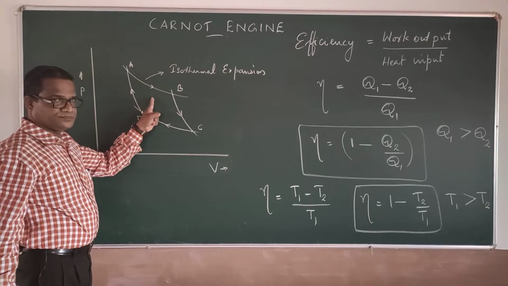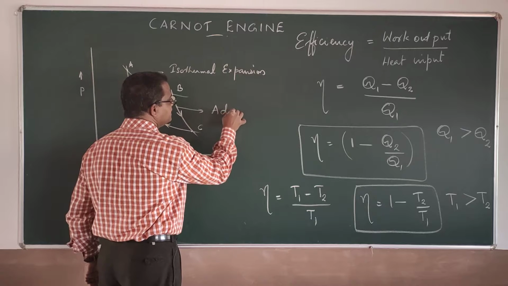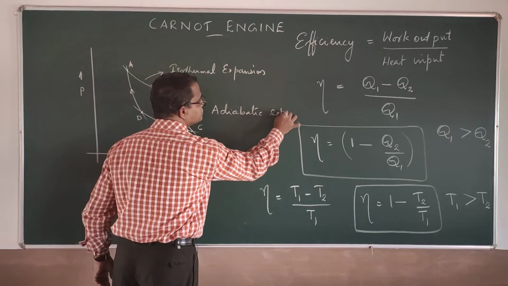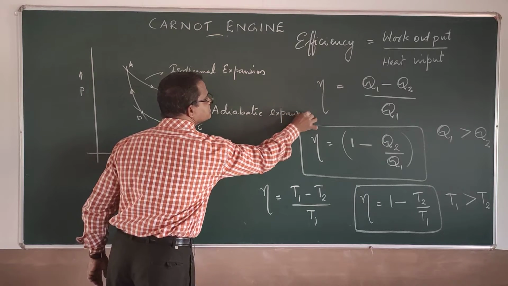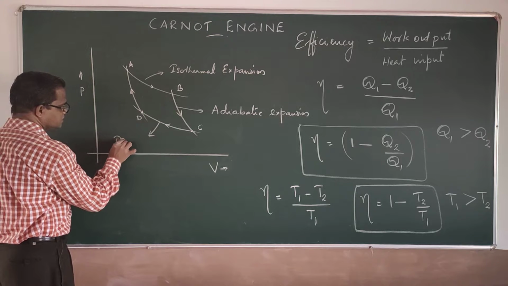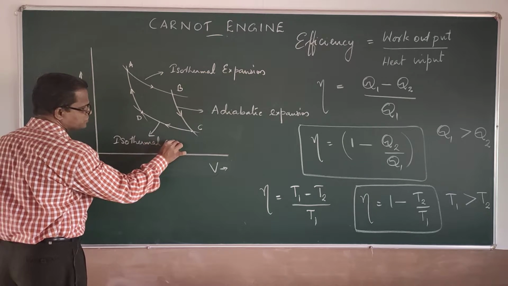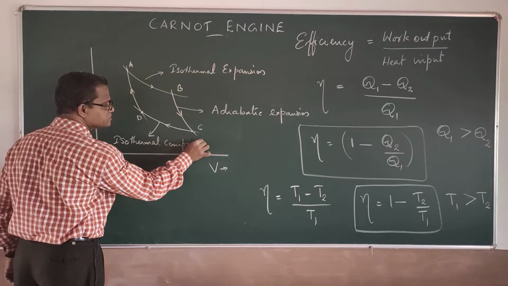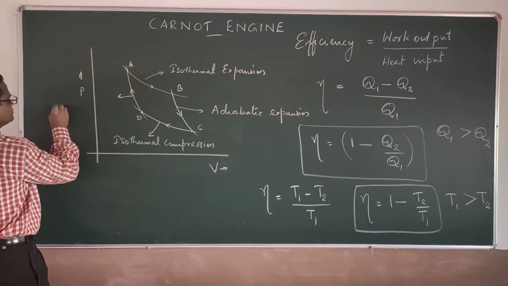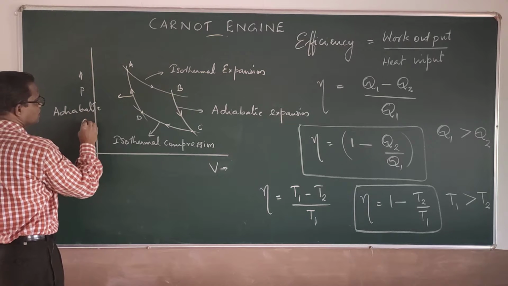B to C is called adiabatic expansion. C to D is called isothermal compression. And D to A is called adiabatic compression.